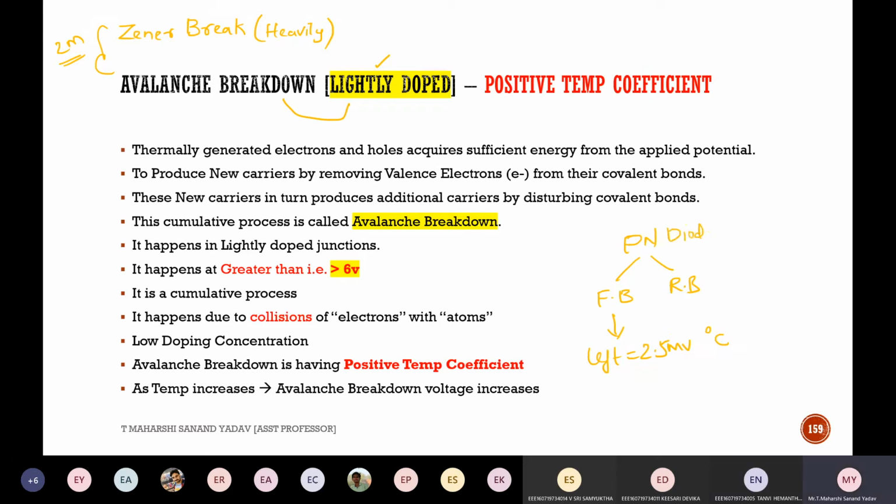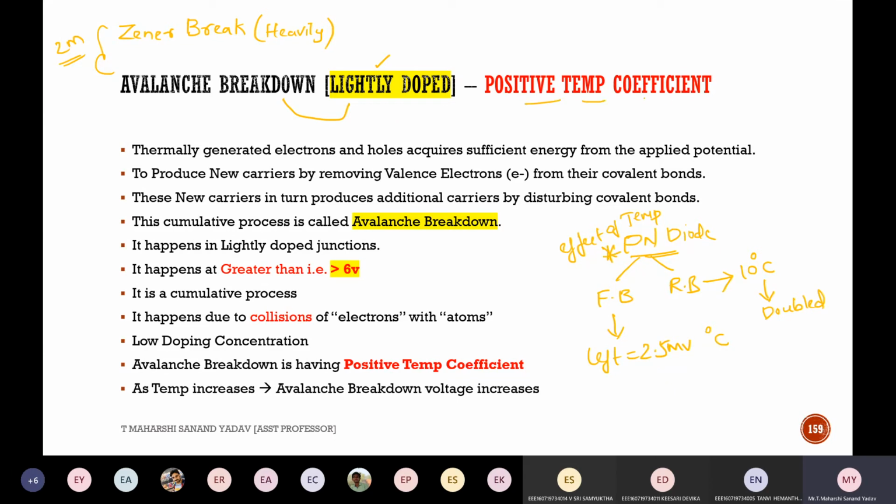For a PN diode, that's the effect of temperature. Clear or not? For reverse bias, what is happening? For every 10 degree centigrade rise in temperature, the reverse saturation current gets doubled. So you need to remember, always first study the PN diode, next the Zener diode.